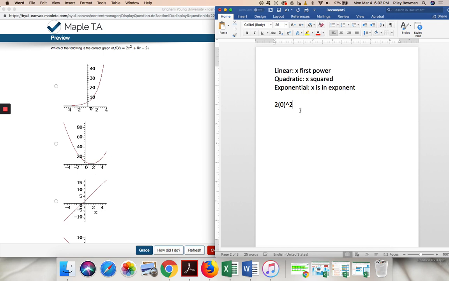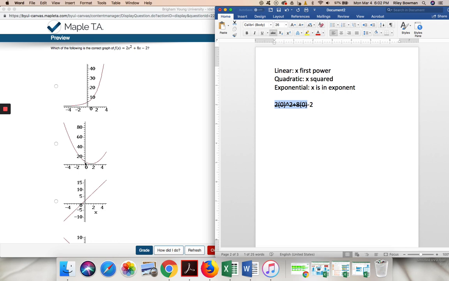So plugging in 0 is actually really fast because it eliminates everything except for that end value, because 0 times whatever is 0. So I'm writing it out just to be proper, but all of this will cancel out because it's being multiplied by 0. So you can go the long route, or you can just look at the very end and it'll tell you that it's crossing at -2.